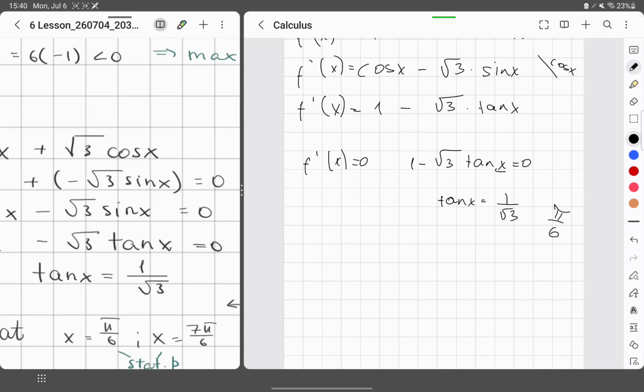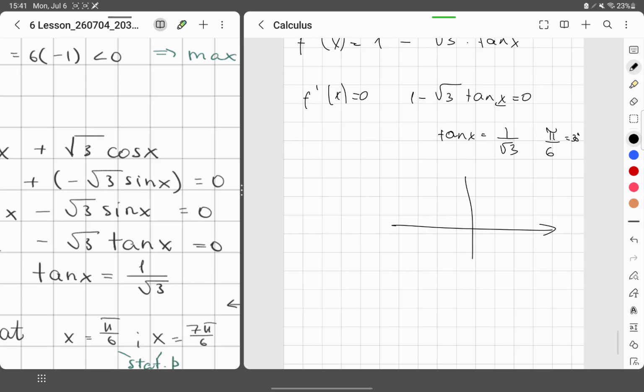As you can see, that is a trigonometric equation, so we need to imagine it: tangent x is 1 over square root of 3 in 30 degree. Yes, it is 30 degree.